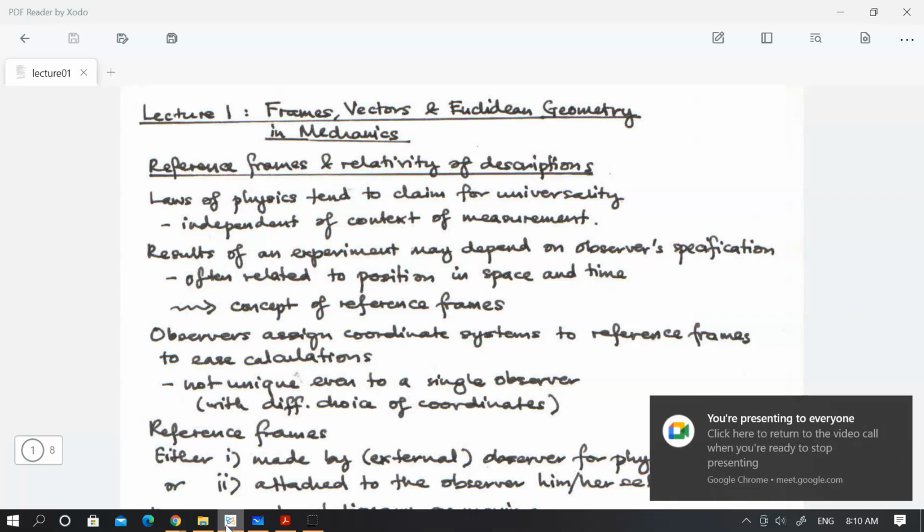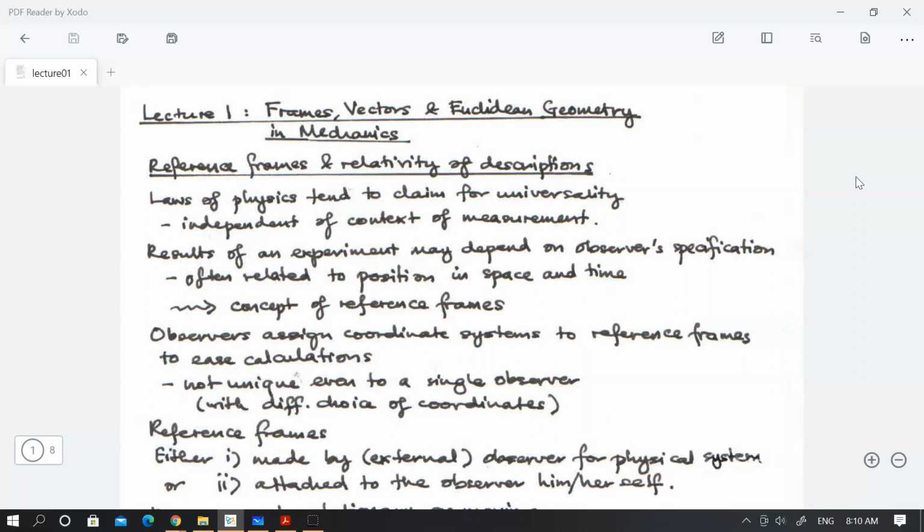So we'll start with this. Essentially, we are going to look at how reference frames work in mechanics, and the general philosophy behind it. When you do physics, we normally think of the laws of physics as universal. It doesn't matter where the physical process is.